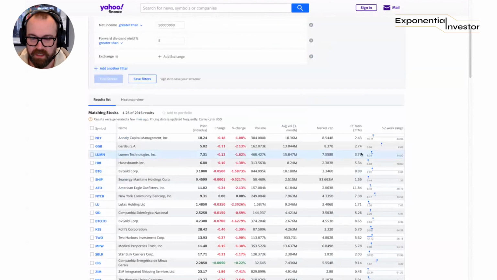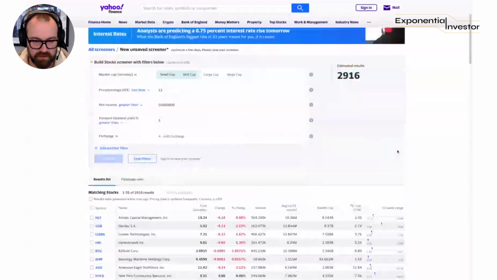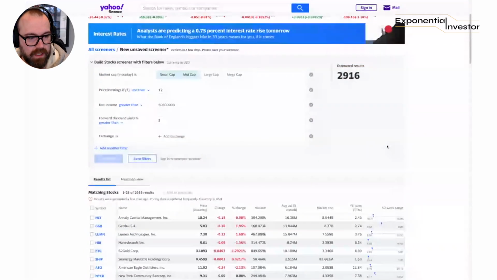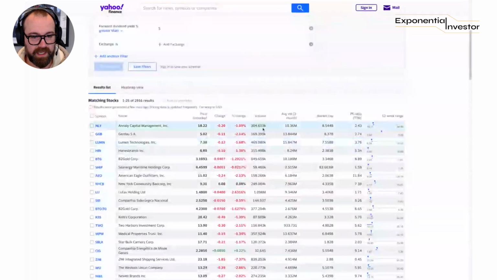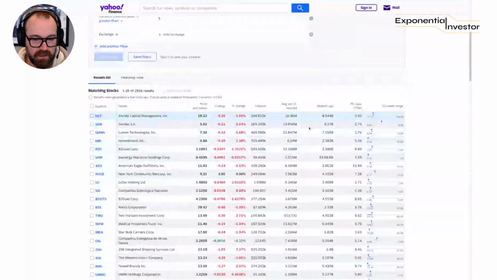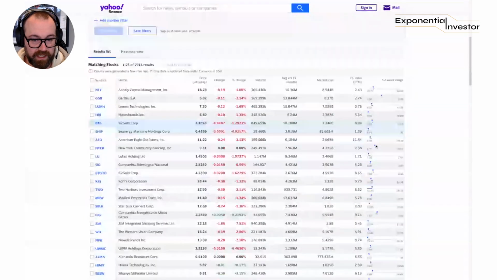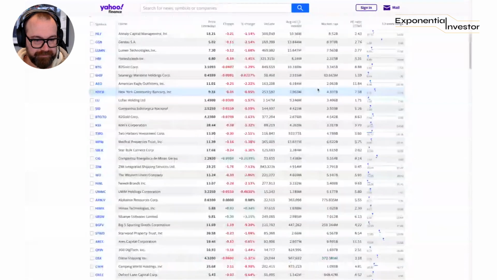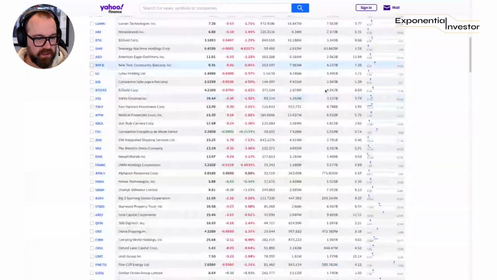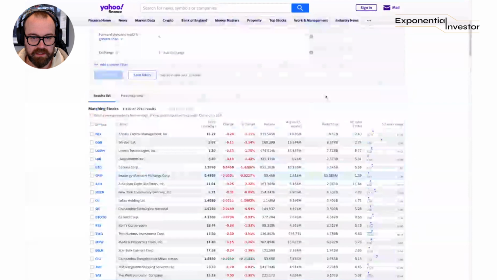Regions dropped off. What you'll typically find is you can change the region to whatever you want. But applying those filters, we've got our P/E ratio information over here, and a whole bunch of different stocks. Looking at the trends, not all ideal. Expand that view out, and you can start to see a whole bunch of different companies.